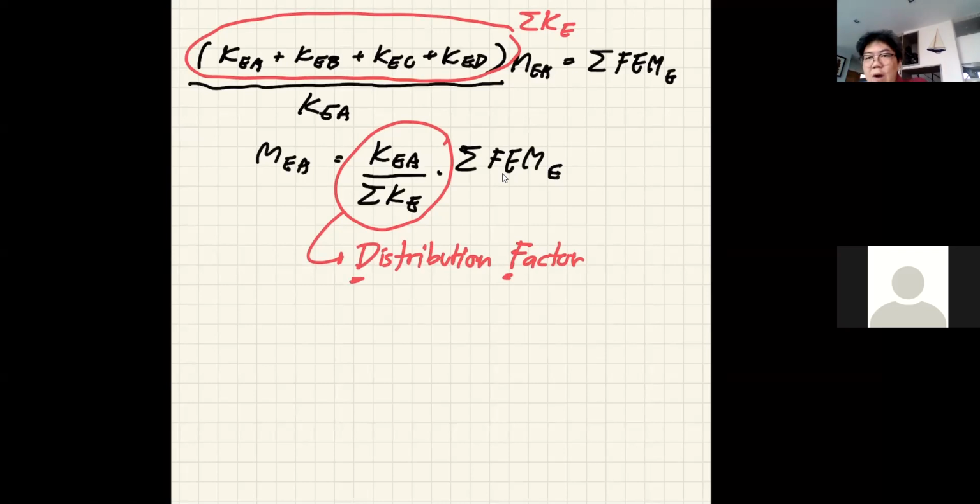Okay, it will tell you how much each member will contribute in balancing the moment.